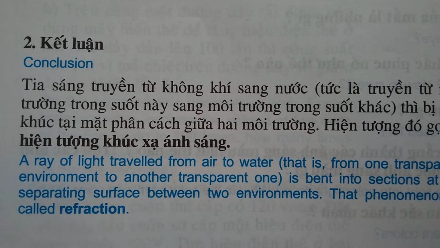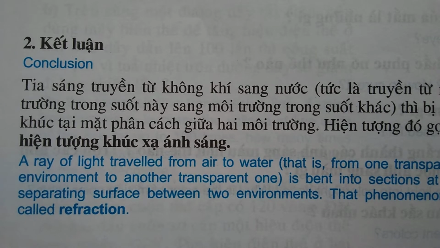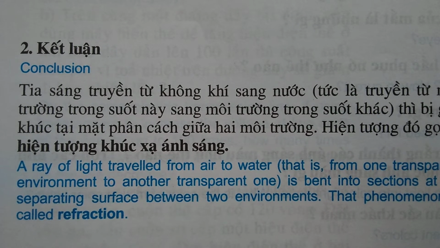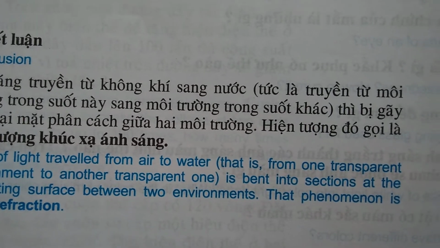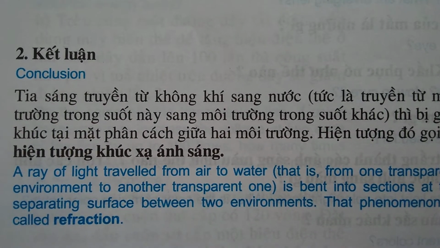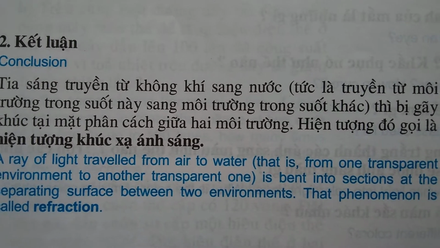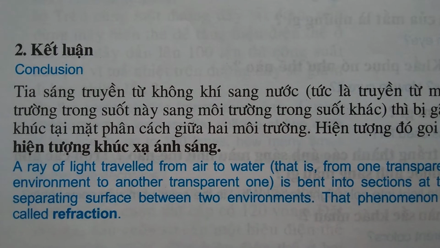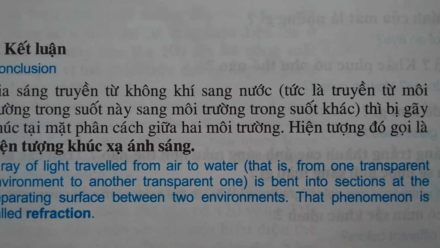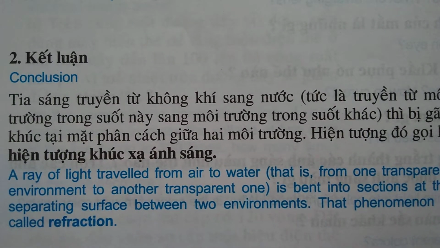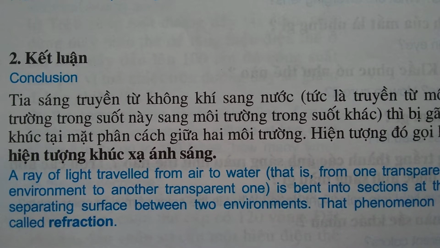A ray of light traveled from air to water, that is, from one transparent environment to another transparent one, is bent into sections at the separating surface between two environments. That phenomenon is called refraction.